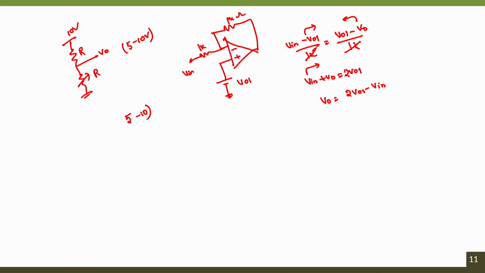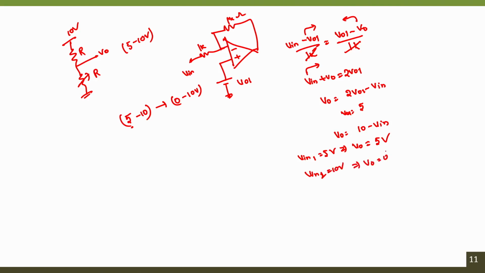So, in order to utilize the complete levels of an ADC, we require to use 0 to 5 volts. We should convert this 5 to 10 volts to 0 to 5 volts. Adding 5 volts as VO1 as an offset voltage makes V naught to be 10 minus V in, which means that when the input voltage is 5 volts, V in 1 is 5 volts, that implies V naught we get as 5 volts, whereas for an input voltage of 10 volts we get V naught as 0.